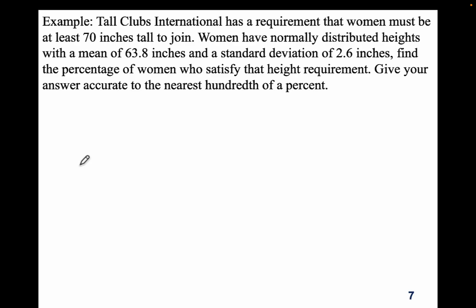So I got to kind of back up and I want to see what I'm being hired to do. Find the percent of women who satisfy the height requirement. Okay, I know that the heights are normally distributed. So I'm going to just sketch a bell-shaped curve.